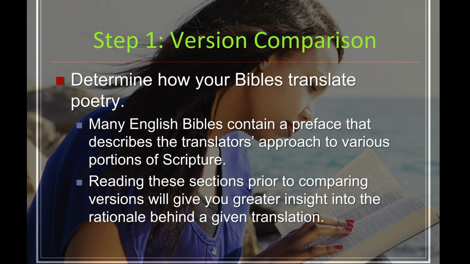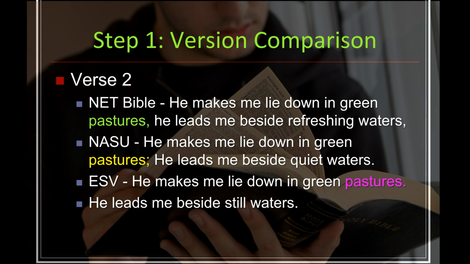Many English Bibles contain a preface that describes the translator's approach to various portions of Scripture. Reading these sections prior to comparing versions will give you greater insight into the rationale behind a given translation.